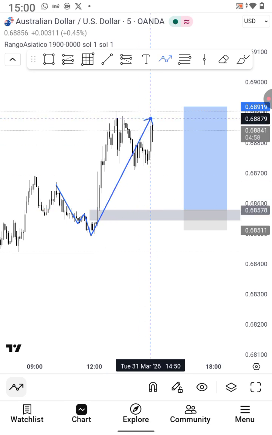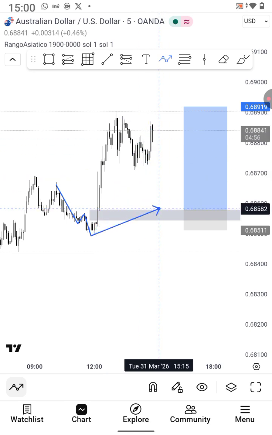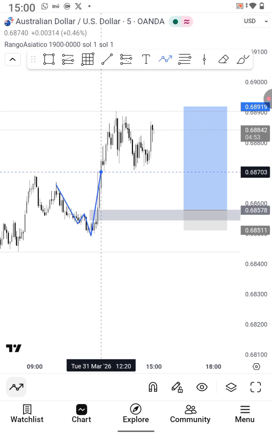Then buy from here. So I think that's all for today, so that it doesn't get too long.